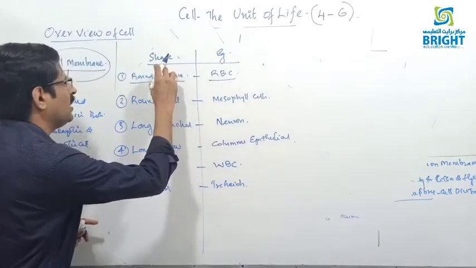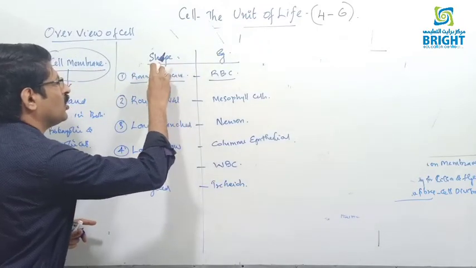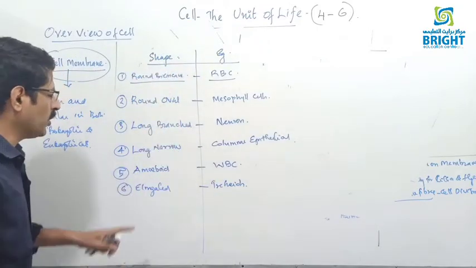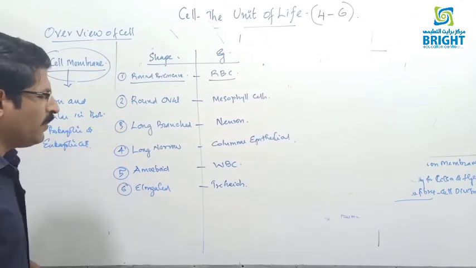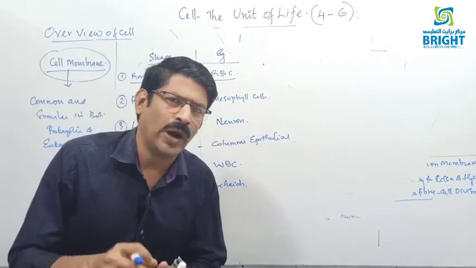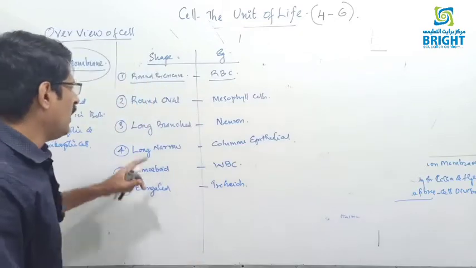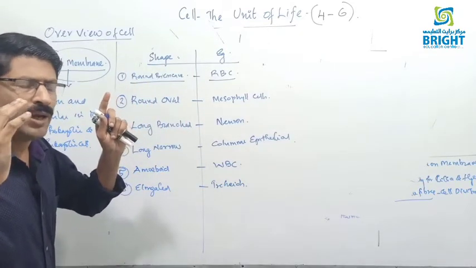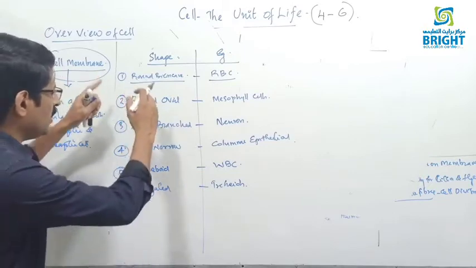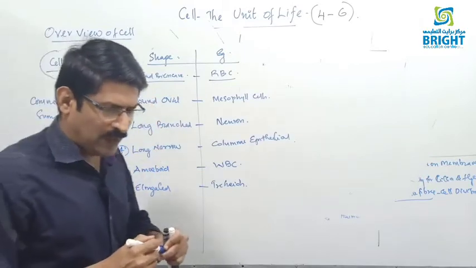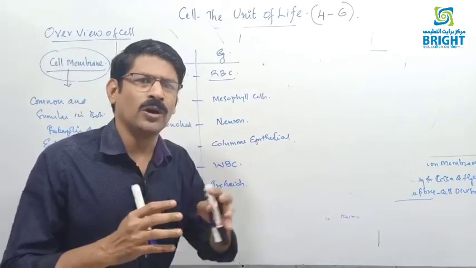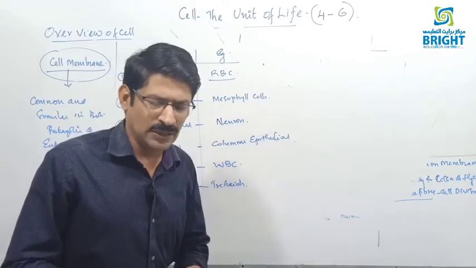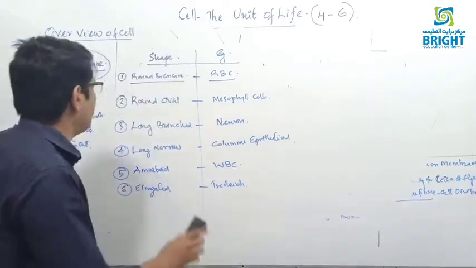So it is carrying maximum oxygen, so it has a round biconcave shape. But in the case of WBC, it is amoeboid because it has to undertake phagocytosis. And the neuron is long and branched to conduct nerve impulses very fast. So this is given as per NCERT, and it is very important. They may be given for matching type or wrong pair or correct pair.